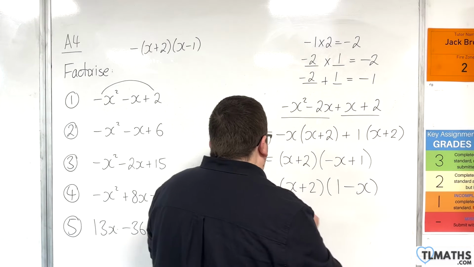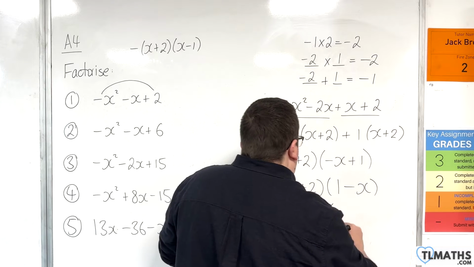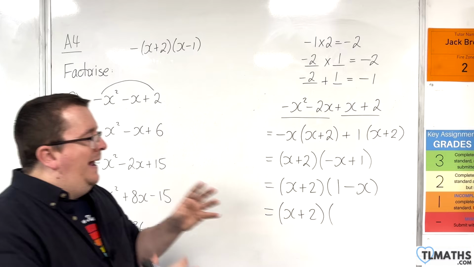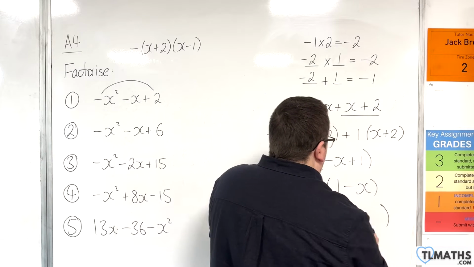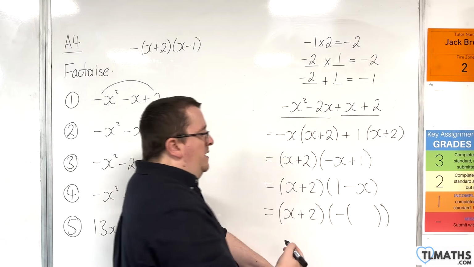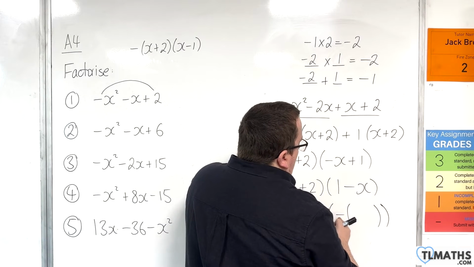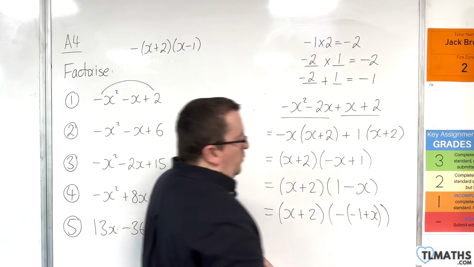So what you can do is factor minus 1 out of those two terms. If you did that, you'd have a bracket within a bracket. What would we have? Well, we'd have minus 1 plus x, wouldn't we?